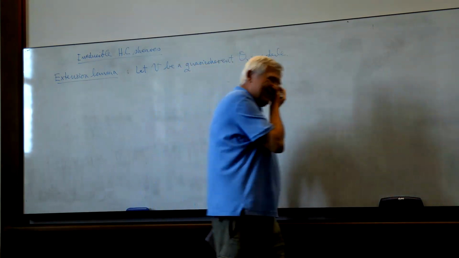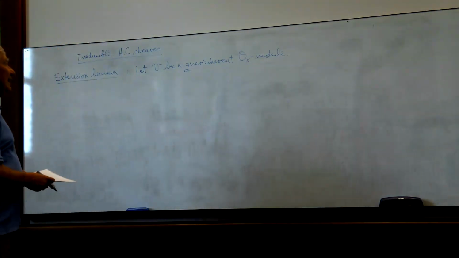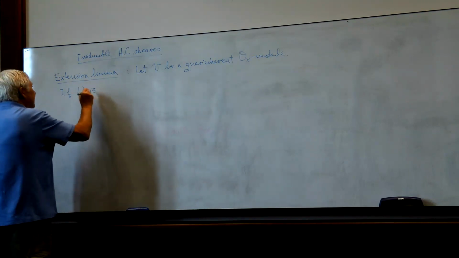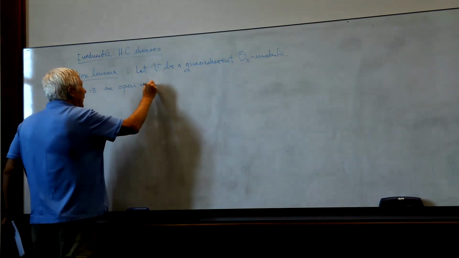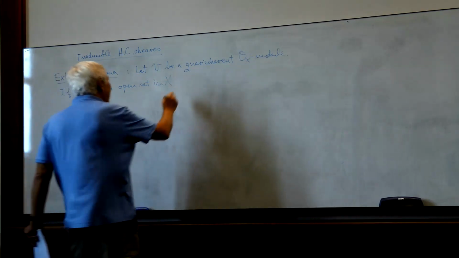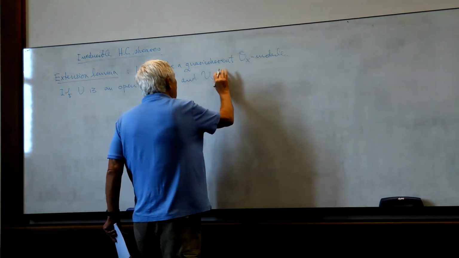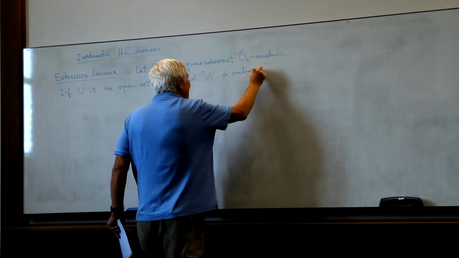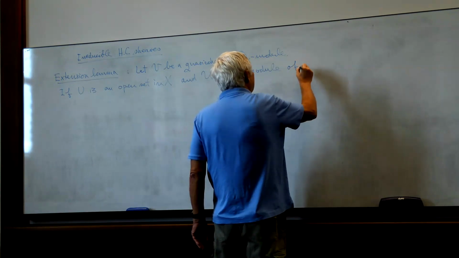I'm sure that Grothendieck's definition was much more general, for some scheme with some technical assumption possibly on X. So if U is an open set in X, and a submodule of B restricted to U, is it better?